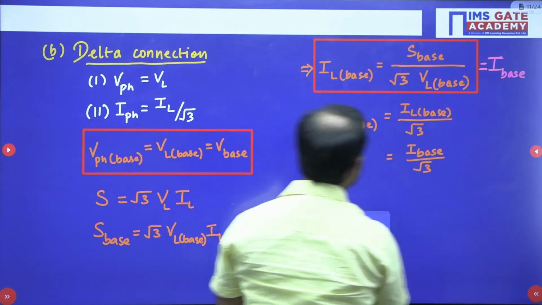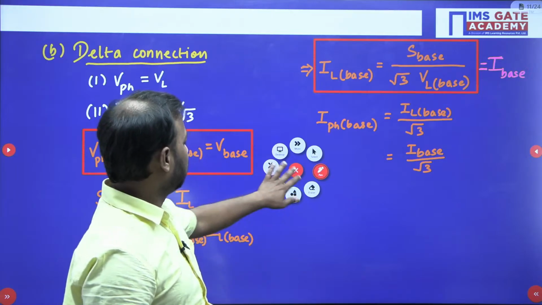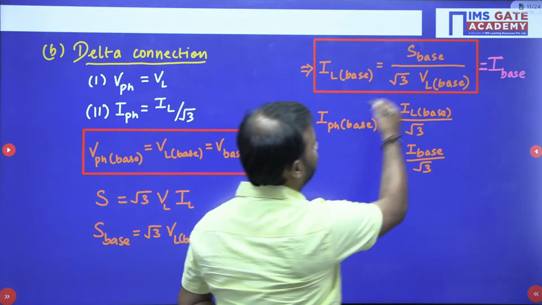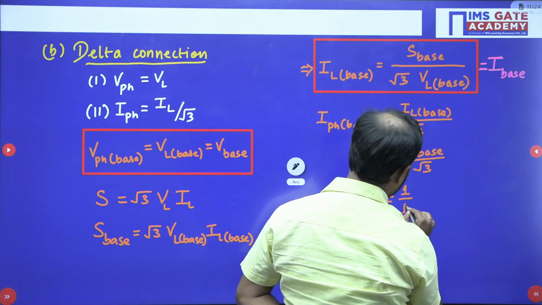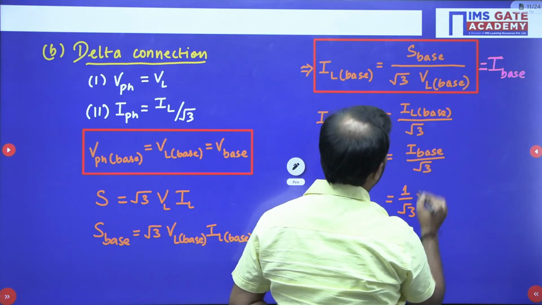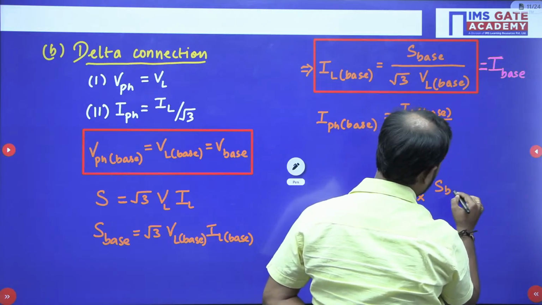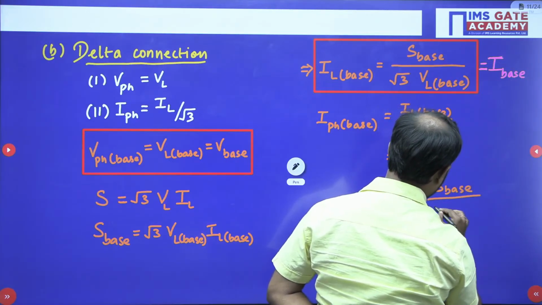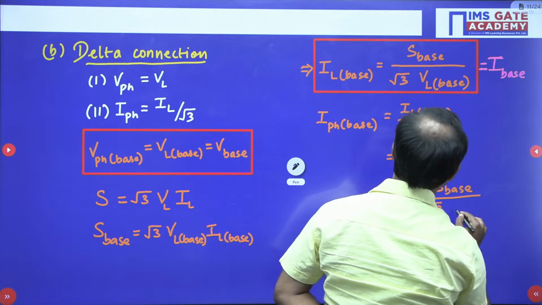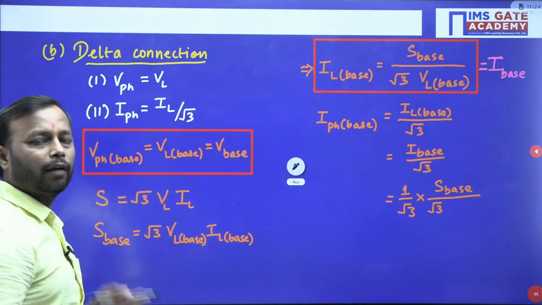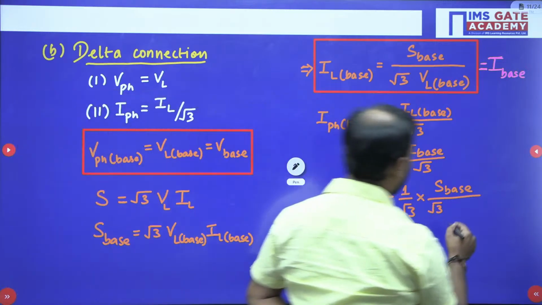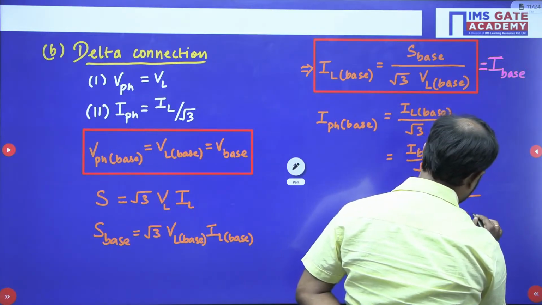Let us simplify in terms of power and voltage. Let's see what we get. Substituting I base here, it will be 1 by root 3 into S base divided by root 3 into VL base.